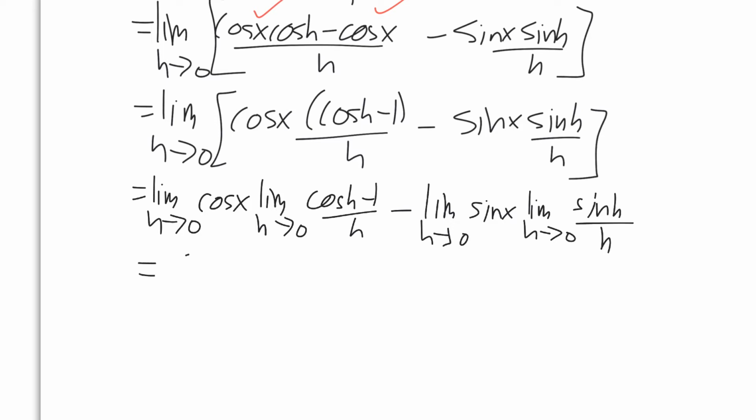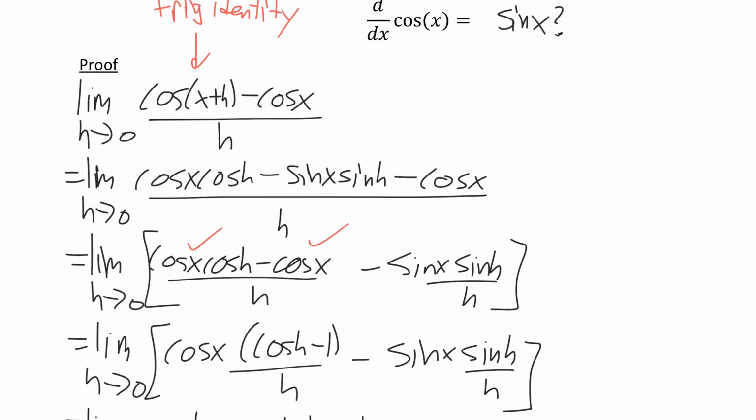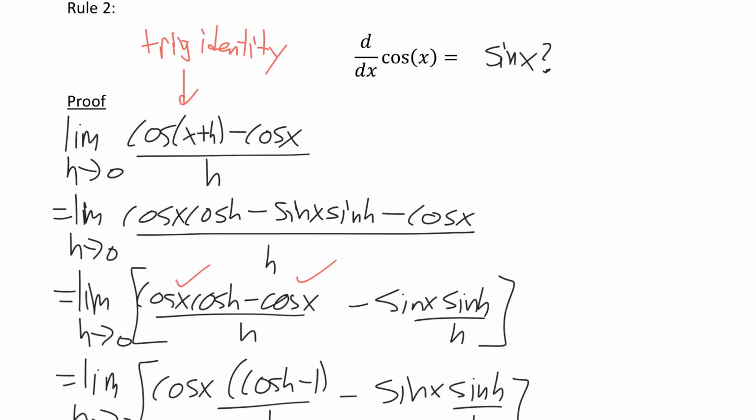Well, the limit of cos x is just cos x. This one, cos h minus 1 over h, is 0, minus sine x times 1. So we get negative sine x, which, if you go back over to your prediction, is close but not quite. The answer here for the derivative of cos x is actually negative sine x.